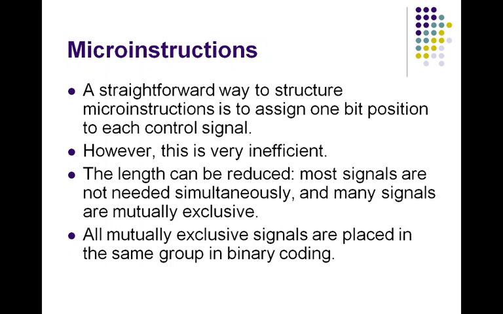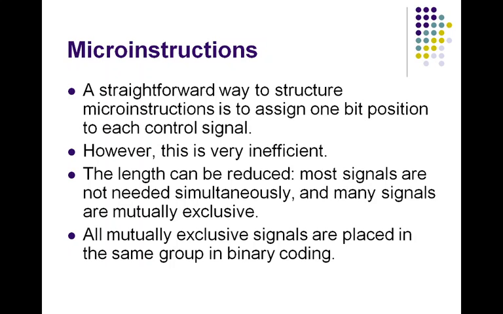So if we use a simple encoding scheme, then 42 bits would be needed in each micro instruction. Fortunately, the length of the micro instructions can be reduced easily. Most signals are not needed simultaneously and many signals are mutually exclusive.